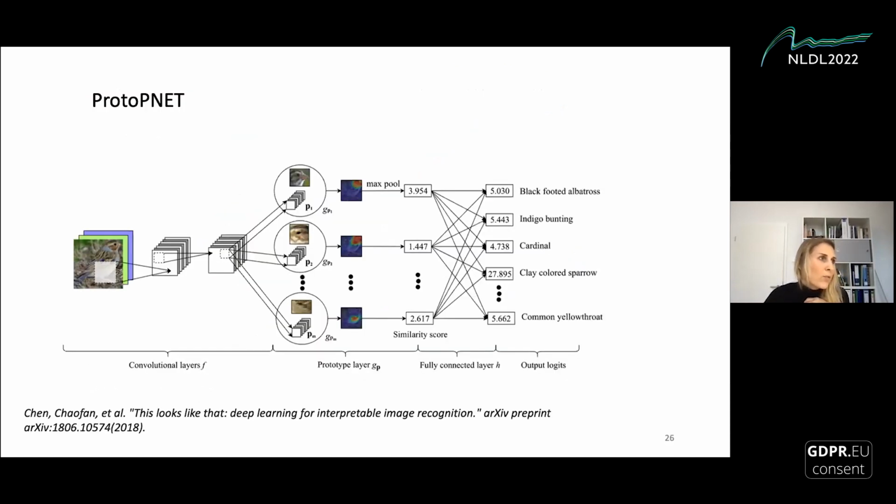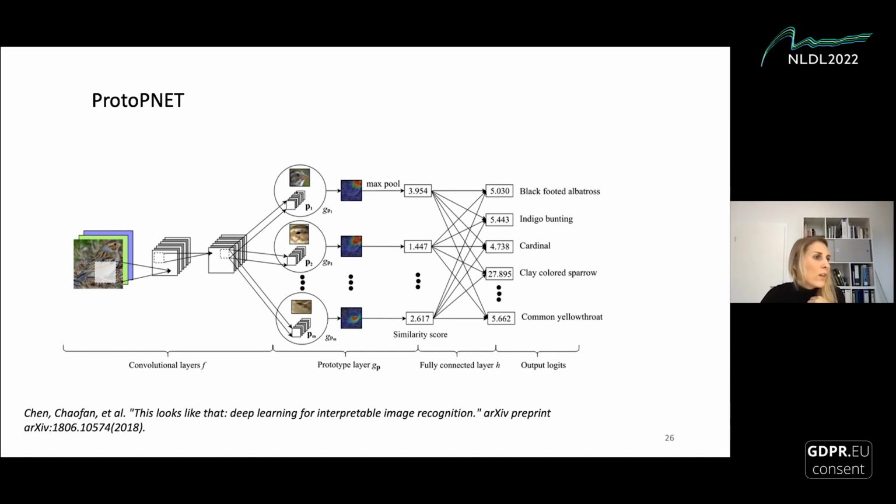Okay, and she, for instance, developed the ProtoPNet, and there we have a normal CNN, let's say, at the beginning, and then we have a layer where prototypes are learned. So prototypes, you can think about it as the first step: for each class, you learn prototypes from the training data.